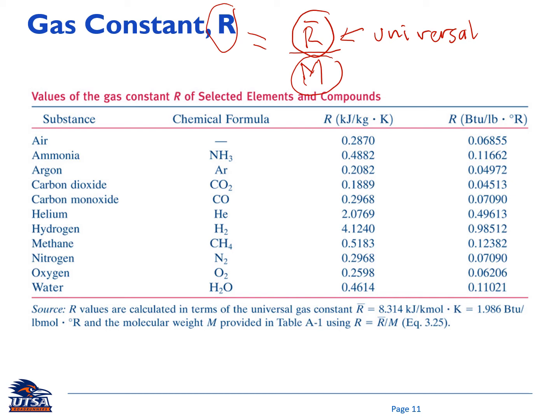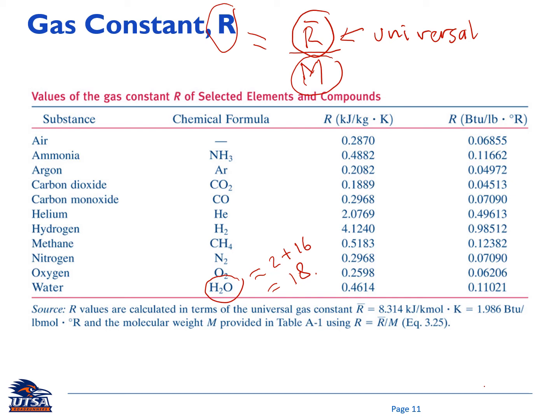For example, I have water, H2O. The molecular weight of water is about 2 plus 16. Hydrogen has a molecular weight of 1, but I have H2 here, so it's 2, and oxygen has a molecular weight of around 16. So the molecular weight of water is around 18. I say around because it might actually be 18.0 something.